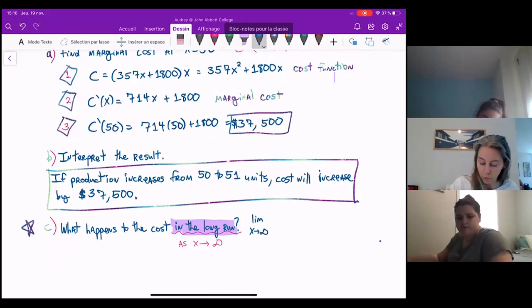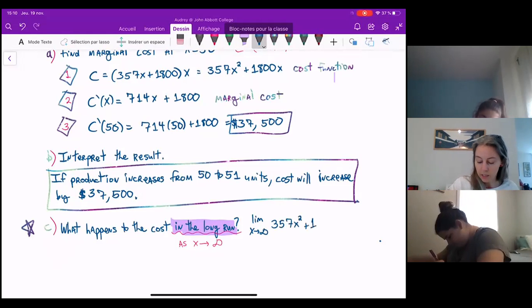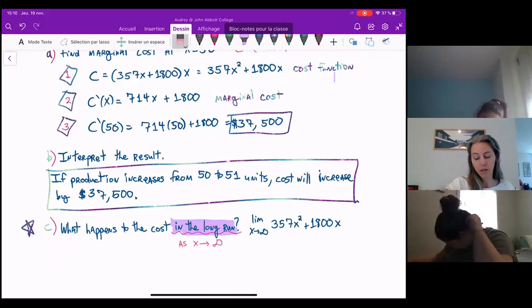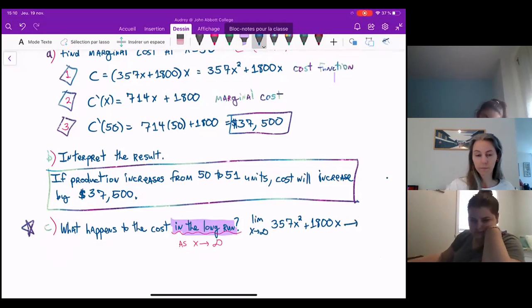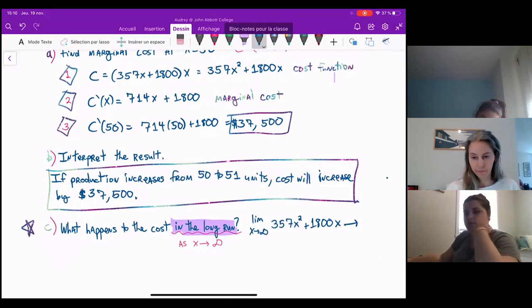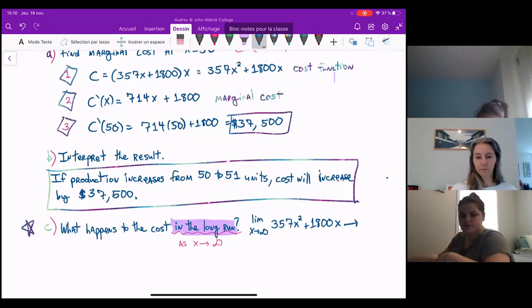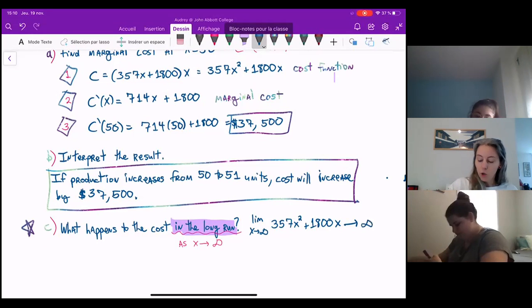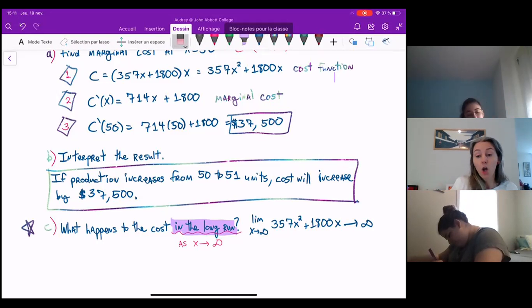And my cost function was 357 X squared plus 1800 X. And what happens when I plug in infinity to this thing? Just infinity. So what does that mean in terms of cost? That means that as I sell more and more units, cost will just keep getting higher and higher and higher.